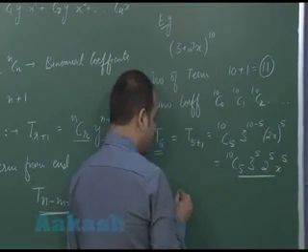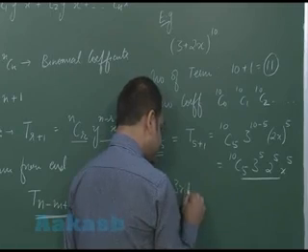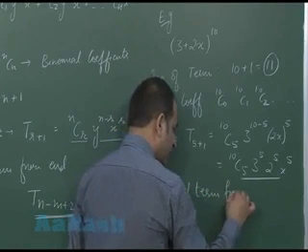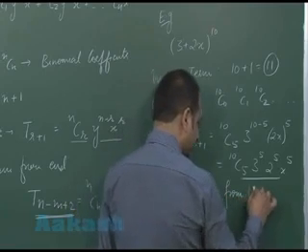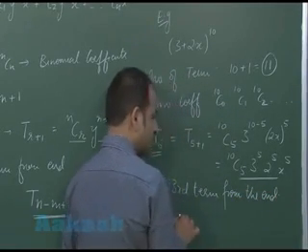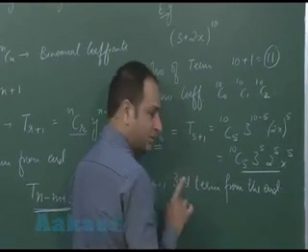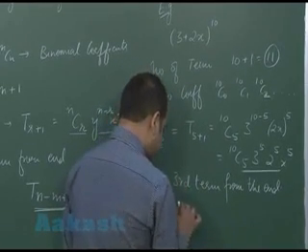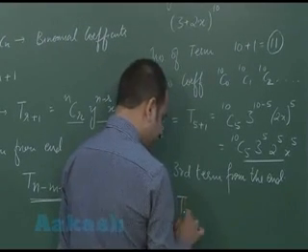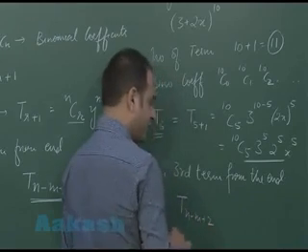Again, if we want to find out, say, the 3rd term from the end, how do we find it? As I told you, if you want to find out the 3rd term from the end, it will be t n minus m plus 2th term from the beginning.